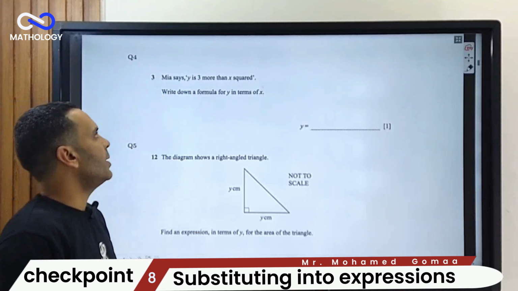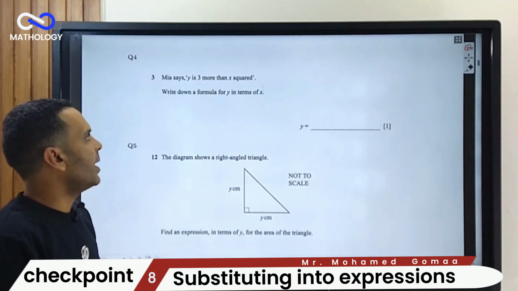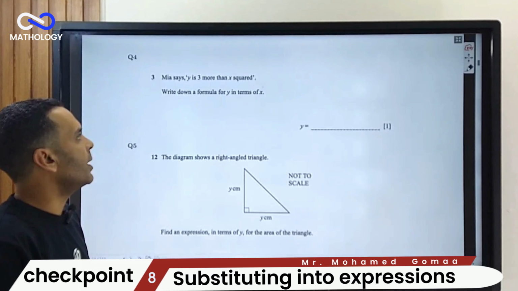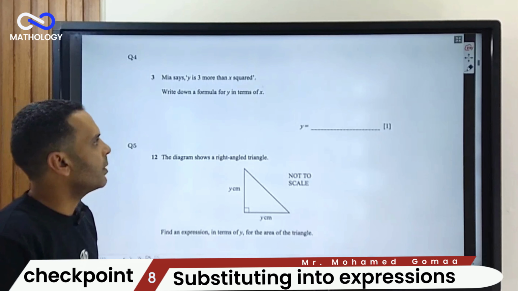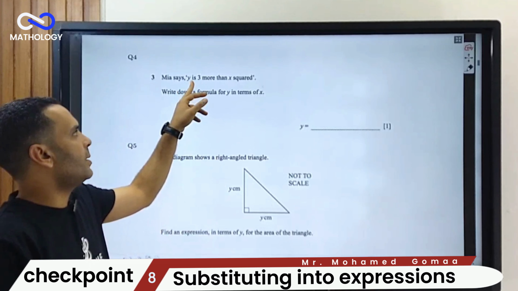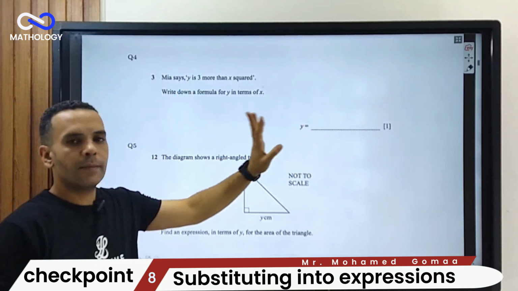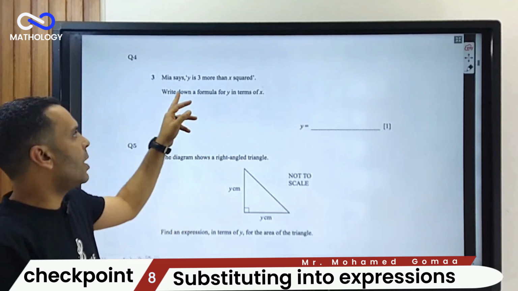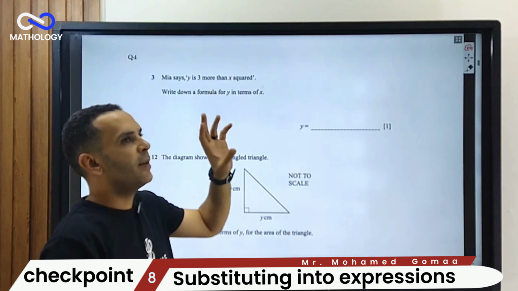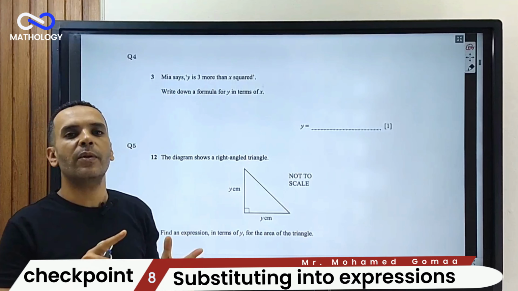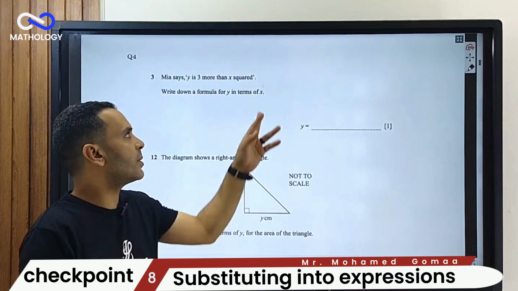Maya says y is 3 more than x squared. Write down a formula for y in terms of x. Okay? Y here means equals. Like this. Y equals. Y equals 3 more than what? 3 more than x, or 3 more than x power 2, x squared?